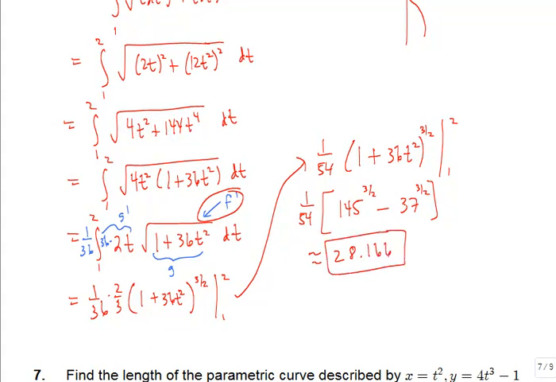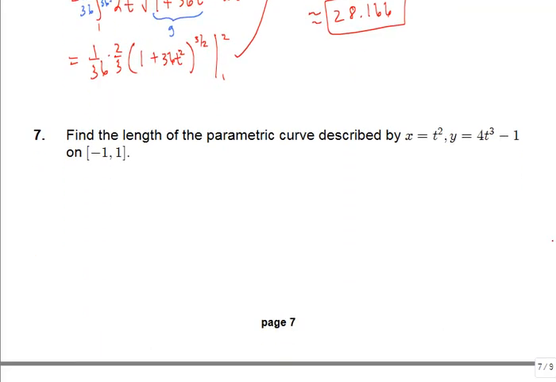Okay? Now, what's going to change if we want to find the length of the parametric curve described by that same set of parametric equations, but this time we're looking at the interval -1 to 1.